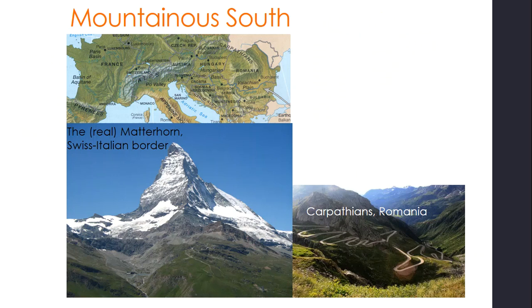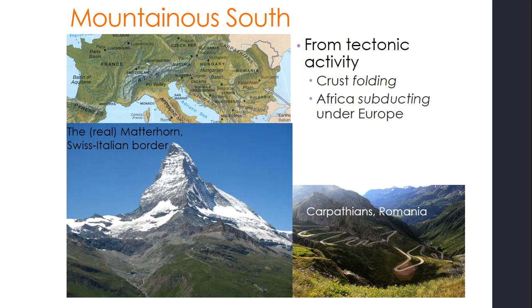So the mountains to the south are from tectonic activity. Basically, you get this crust folding together that is pushing up this mountain range. You have the African plate that is subducting, or going underneath, that European plate.